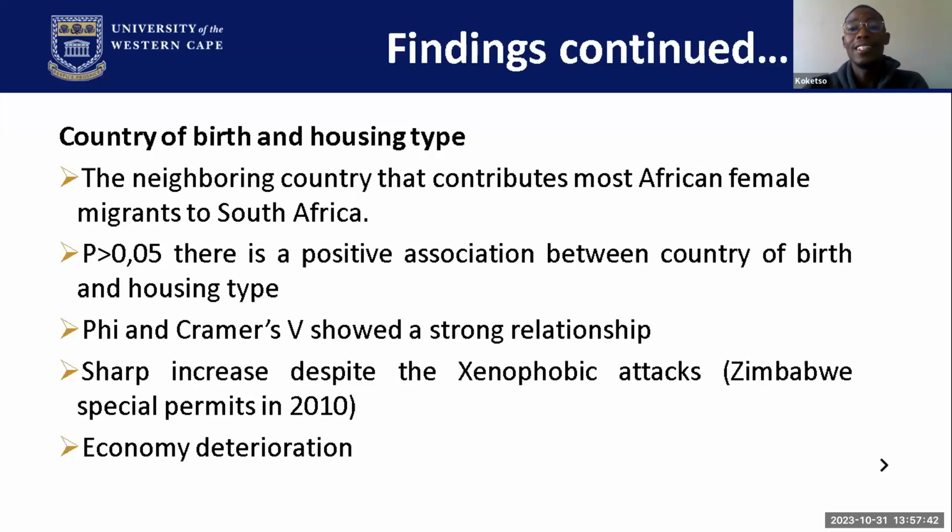The literature says most of them migrated because of the special permits in Zimbabwe, as Zimbabwe was seen to be the country that contributes most migrants, especially in 2011, maybe because of the economic deterioration in Zimbabwe.